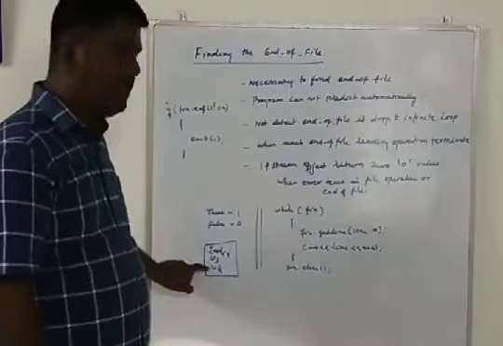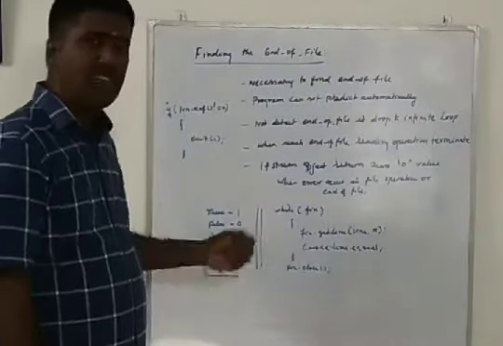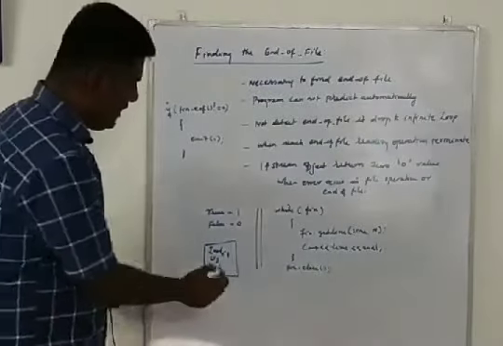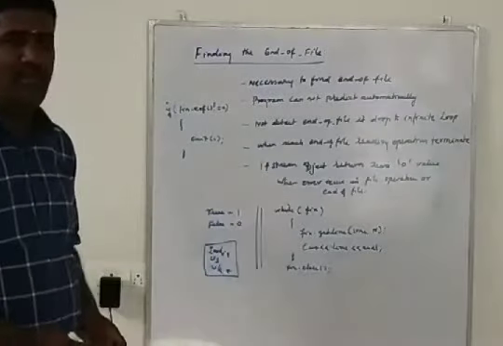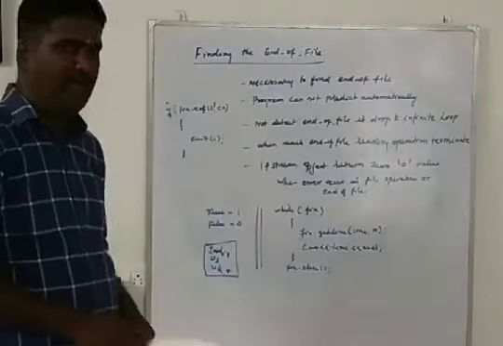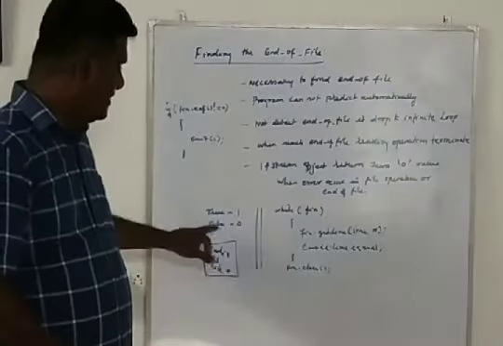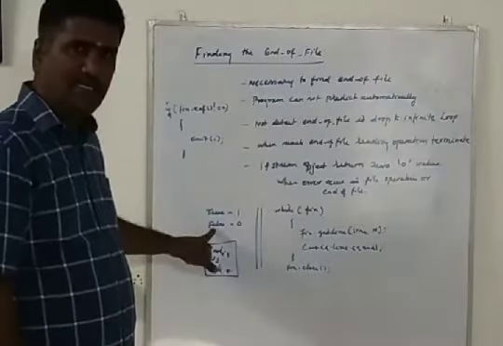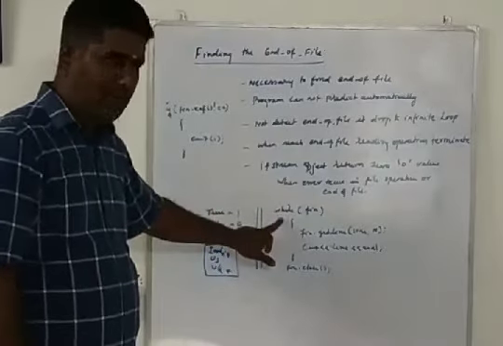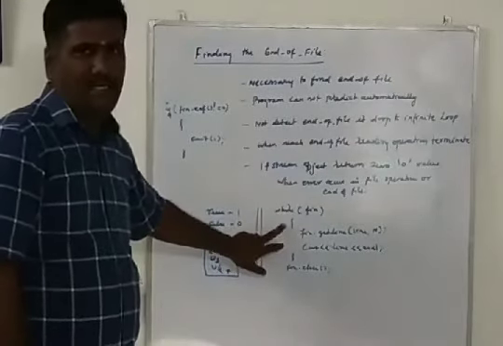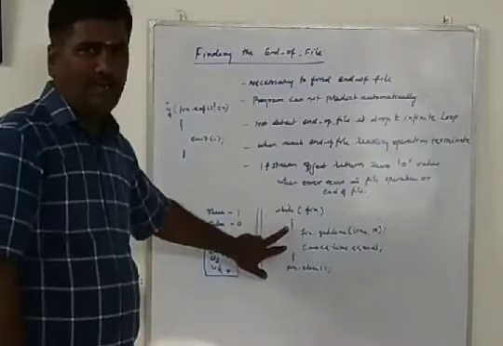The third returns 1, so UK is printed. Here the file pointer reaches the end of file, so at that time it returns 0. Once you receive the 0 value, the loop will be terminated.